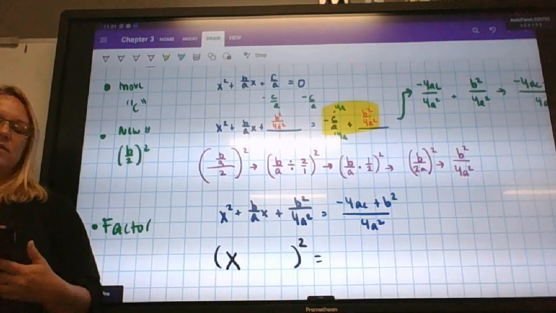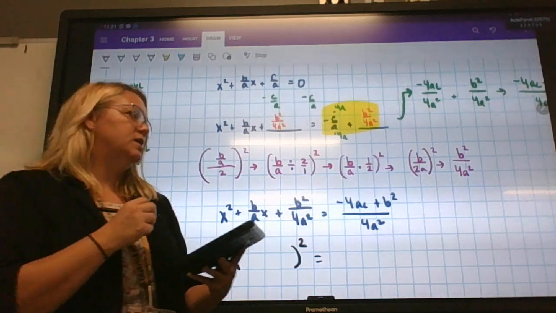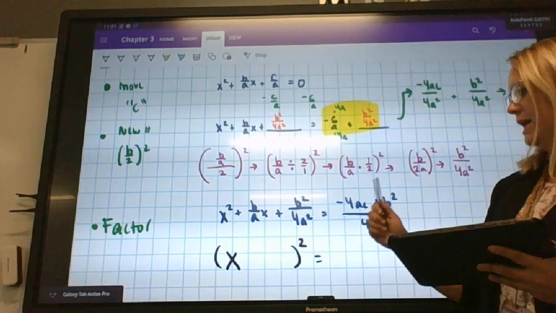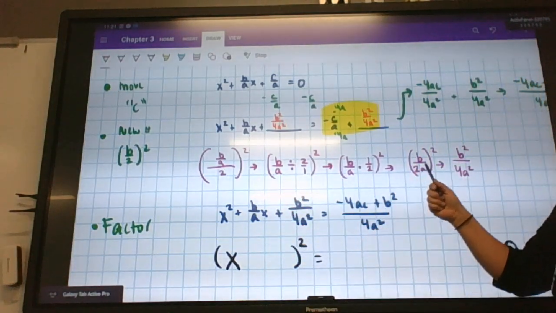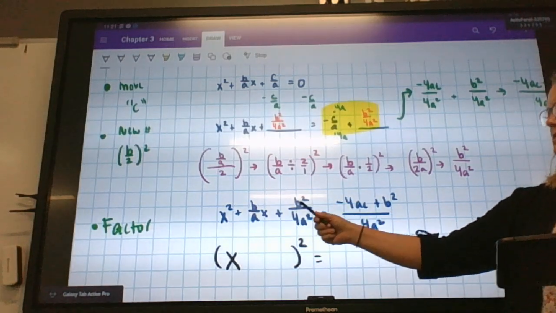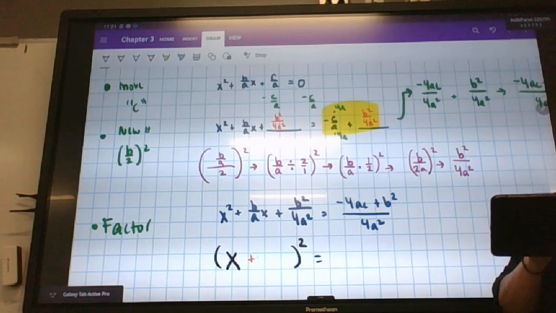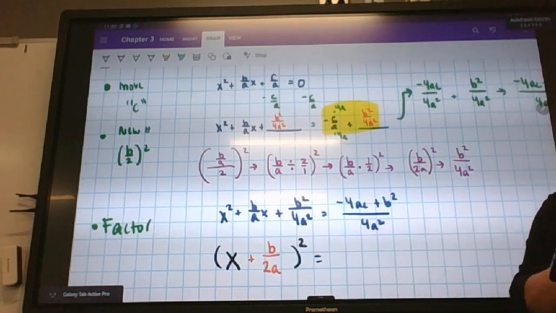So I have to square root the new c. A lot of you guys picked up on this pattern that the number that was going in the parentheses was always showing up in the step before it. So I can square root this. The square root of b squared is just b, and the square root of 4a squared is just 2a.